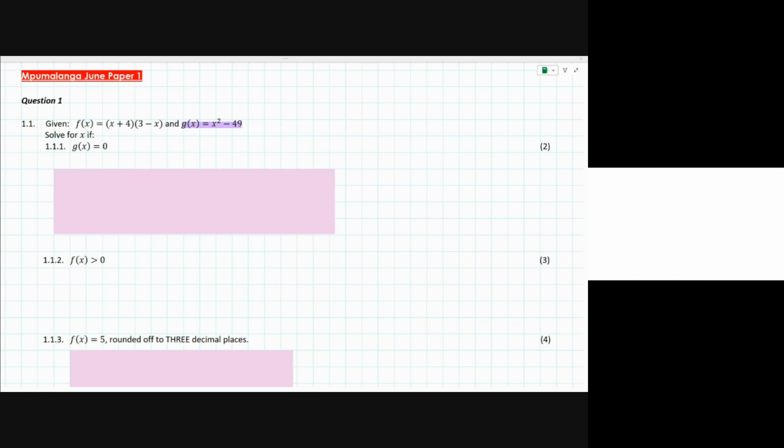And remember, guys, g of x is x squared minus 49. So that's quadratic. We do need to essentially follow those steps for a quadratic solution.